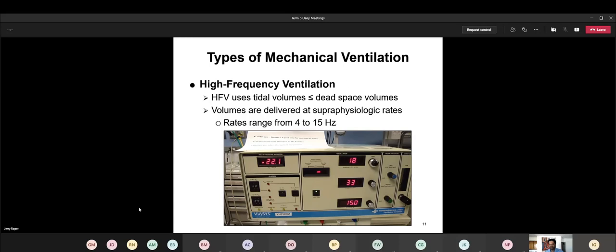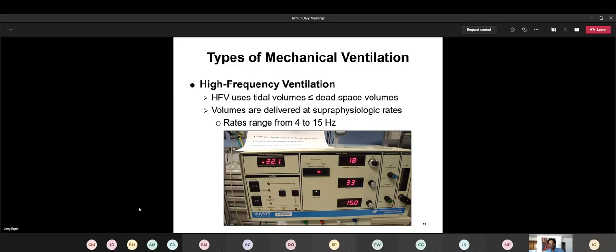And so this is what I was trying to come up with. I was trying to say sub-anatomical. I was trying to say really small volumes. Really, we're saying less than your dead space volume. So whatever your dead space volume is, these little breaths are going to be way smaller than that. Ordinarily, say your dead space volume is 50 milliliters, and the volume being delivered is only about 20.